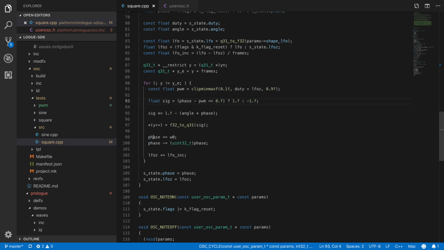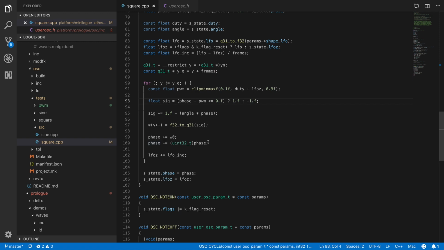After you are doing your sample, you need to increase the phase by the difference, and then this here basically computes the integer part. Since this is a float and we are taking the integer of the float, you are getting the integer value of the phase. So if phase is getting above 1, this is returning 1, and then we are subtracting 1 from the phase.